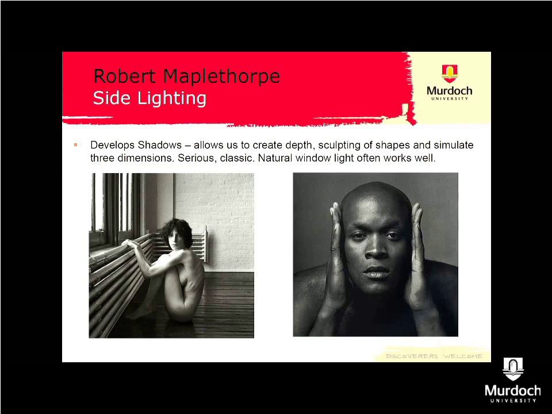If you have a weak light and a side light combined, it produces quite a different look from a strong light and a side light combined, for example. So it will develop shadows, and the shadows can be used as a way of developing your three-dimensionality, and also assist in the development of your negative space.